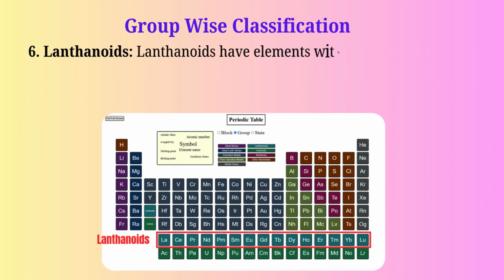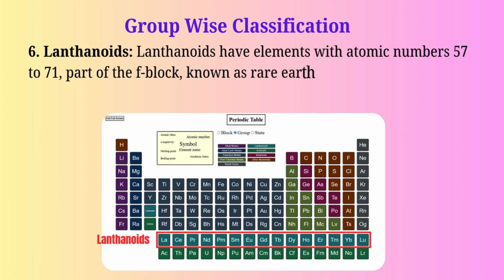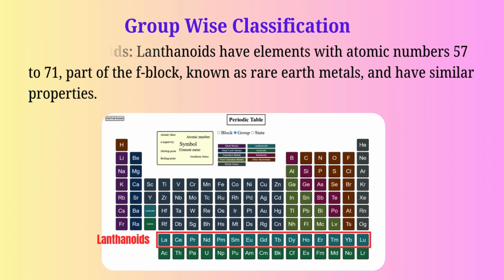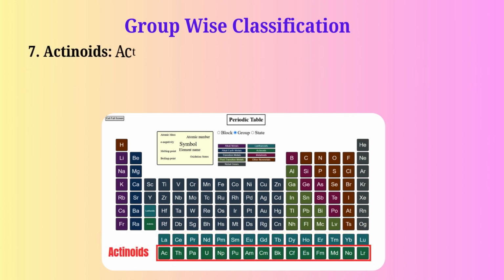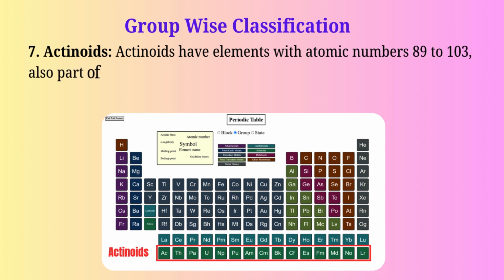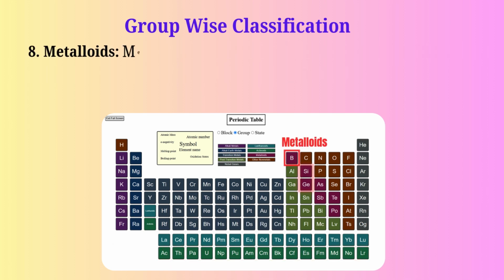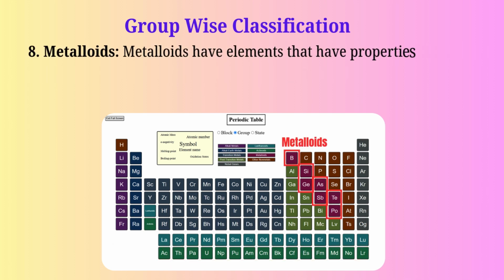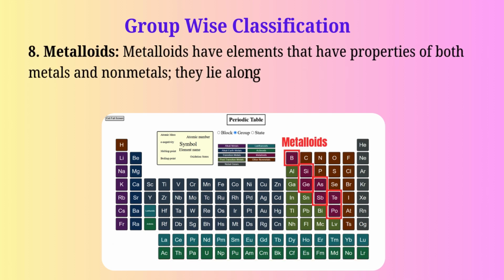Lanthanoids are elements with atomic numbers 57 to 71, part of the f block, known as rare earth metals, and have similar properties. Actinoids. Actinoids are elements with atomic numbers 89 to 103, also part of the f block, and are mostly radioactive.